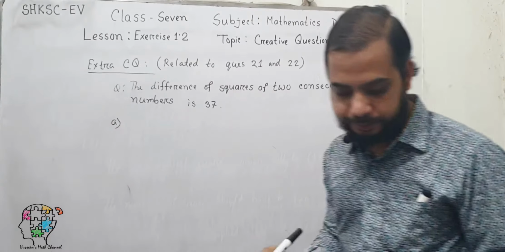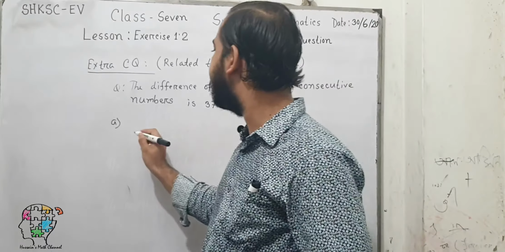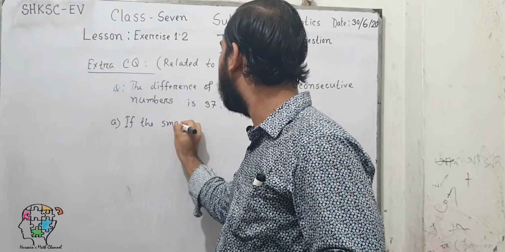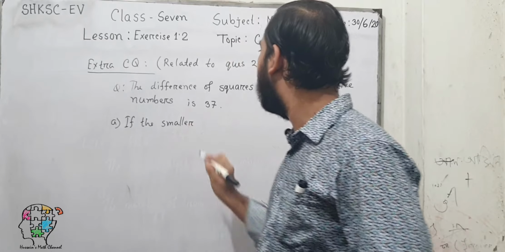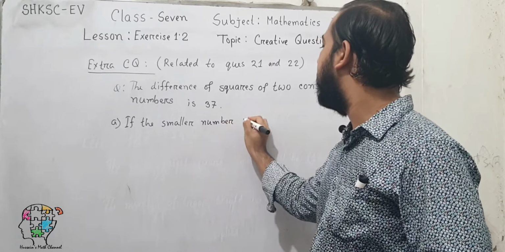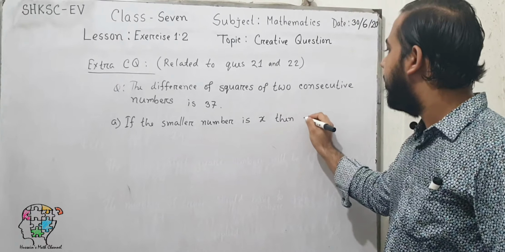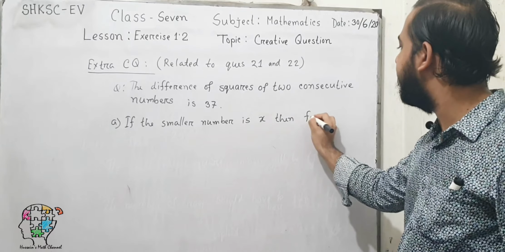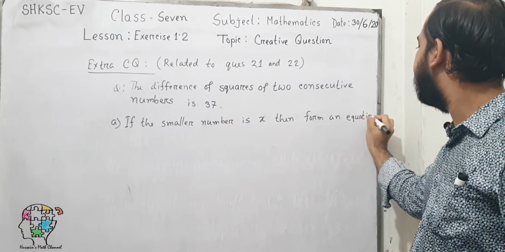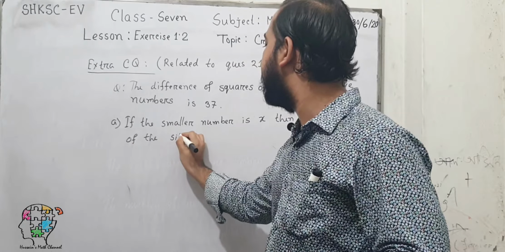Question number A: if the smaller number is x, then form an equation of the situation.